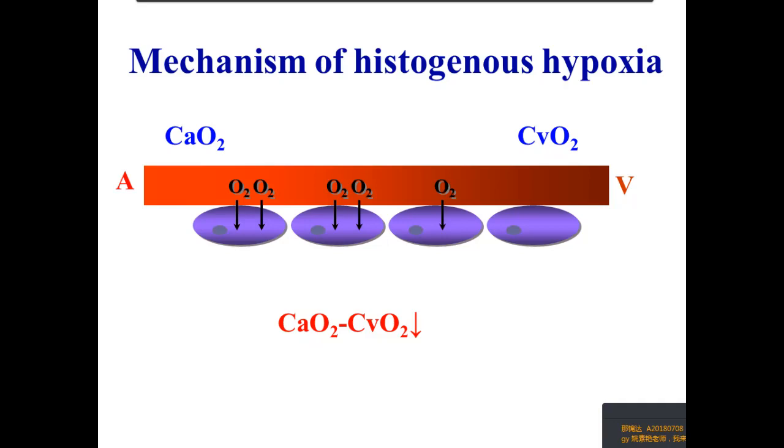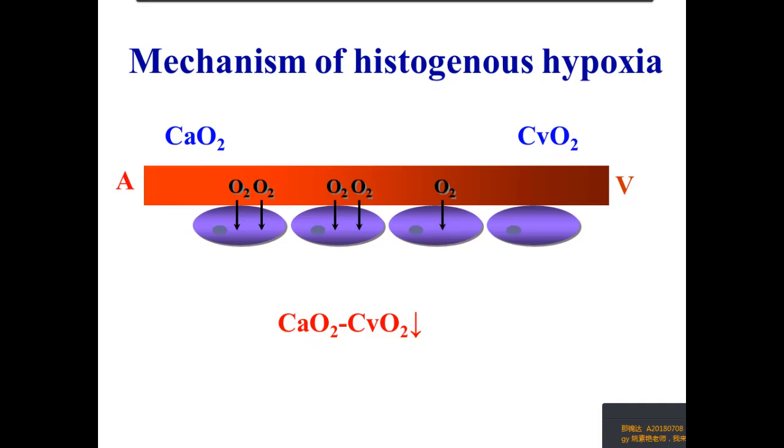In capillary blood, oxygen moves into the tissue cells. During histotoxic hypoxia, for example with mitochondrial damage, the cells can't utilize oxygen. So in the tissue cells, oxygen is higher than normal. Normally oxygen in the mitochondria is utilized, but with mitochondrial damage, oxygen utilization decreases.